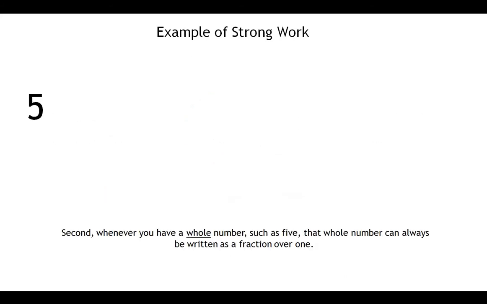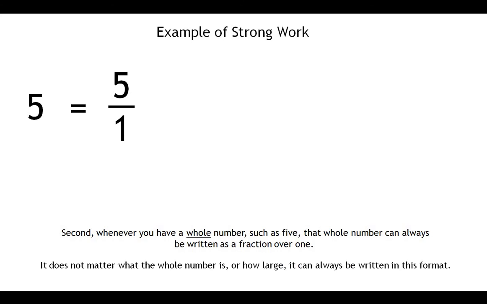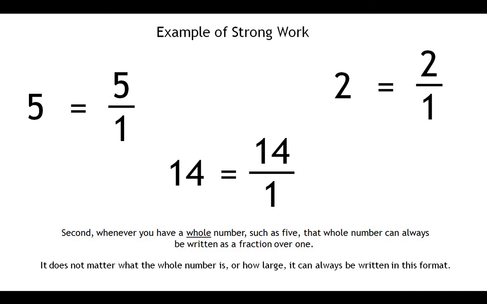Second, whenever you have a whole number, such as 5, that whole number can always be written as a fraction over 1. It does not matter what the whole number is or how large, it can always be written in this format.